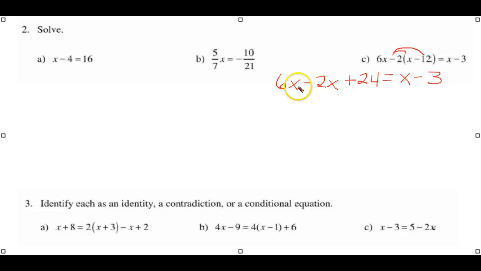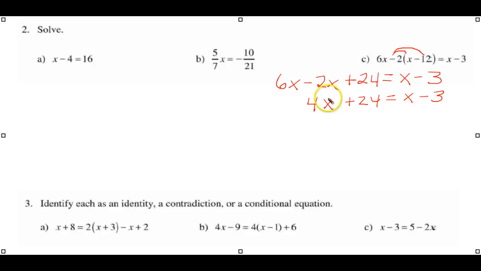Now notice we have like terms on this side, so we now group them. 6x minus 2x is 4x plus 24 equals x minus 3. So here we see we have variables, a number, a variable, and a number.